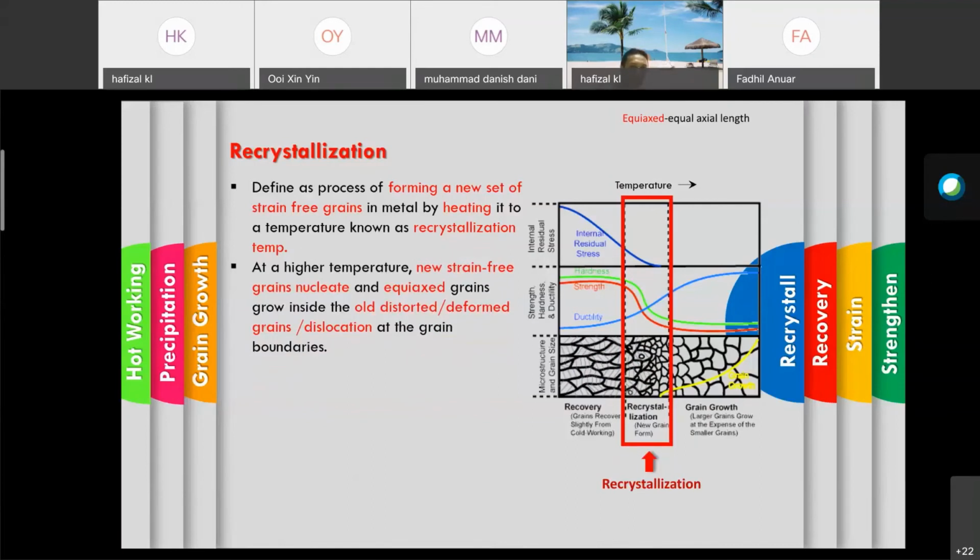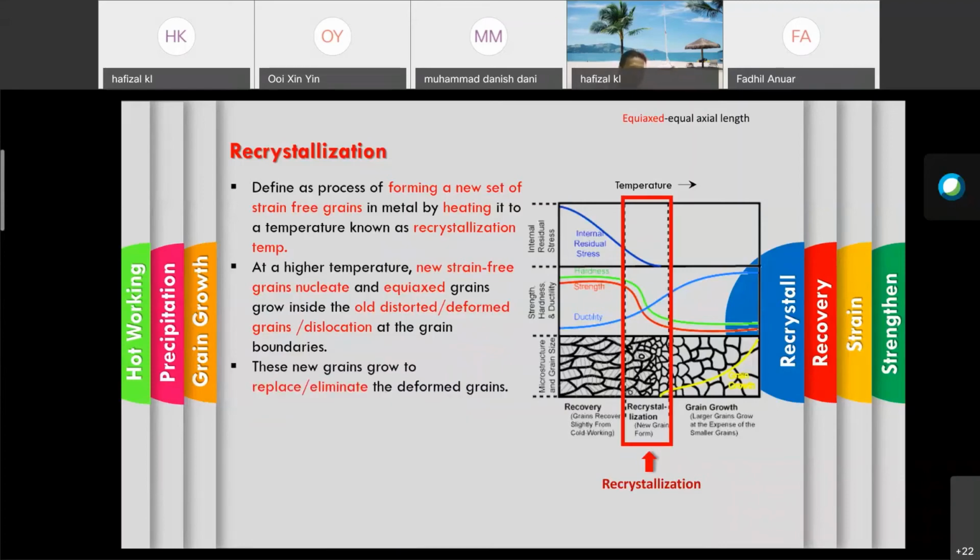In the recrystallization process, the old deformed grains have dislocations at the grain boundary. So a new set of grains is free from strain, in place of the old strained grain boundary.